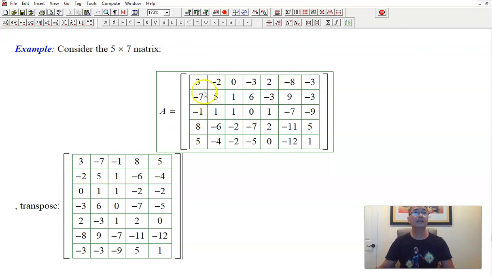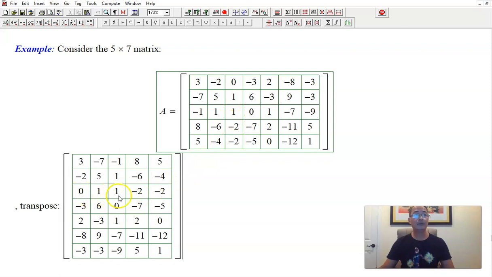Let's look. Here is row 1, and here is column 1 of the transpose. If you read this left to right, those numbers will appear top to bottom in column 1. Also, here is, let's say, column 3: 0, 1, 1, minus 2, minus 2.